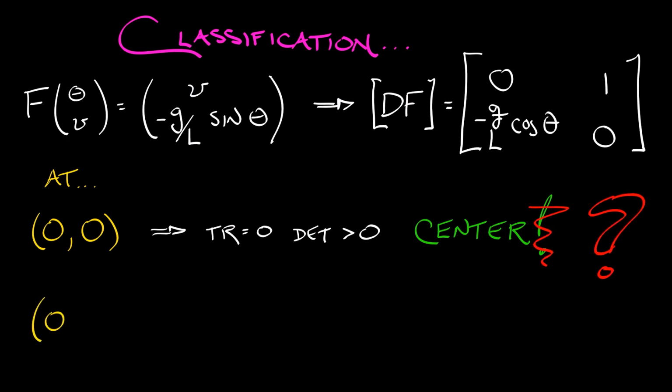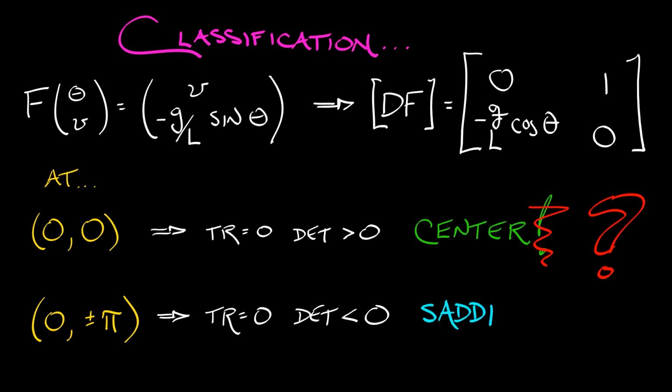At the second equilibrium, at plus or minus pi, 0, well, the trace of the derivative, that's still 0. But now when you evaluate cosine theta at plus or minus pi, we get -1, and that means our determinant is negative. And now we have a saddle point at that equilibrium. Okay, so we've got a maybe center and a saddle, but let's think in particular about that center at the origin. I claim that this is really a conservative system.